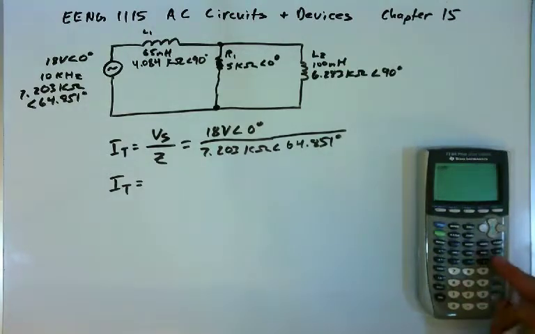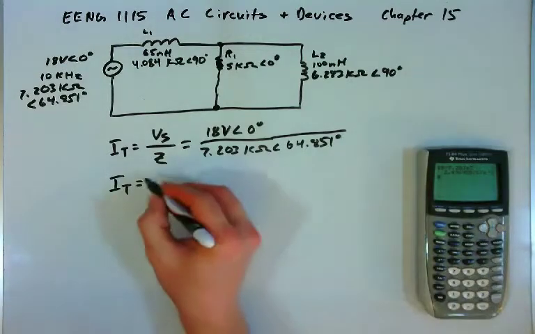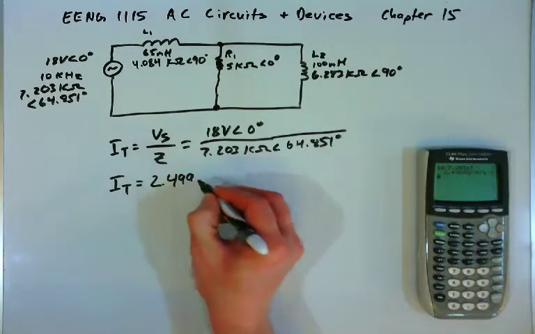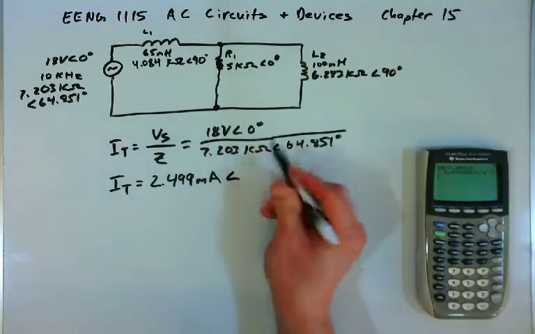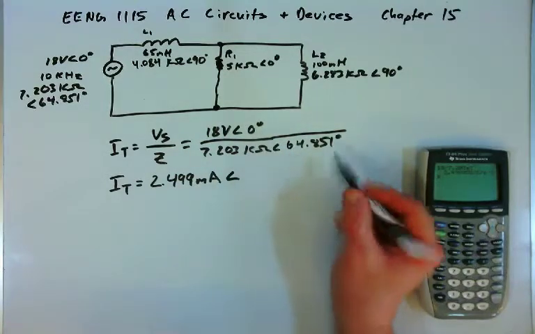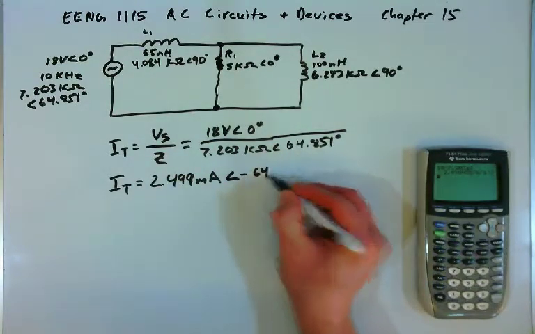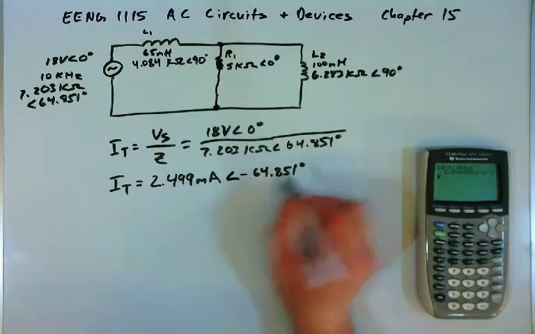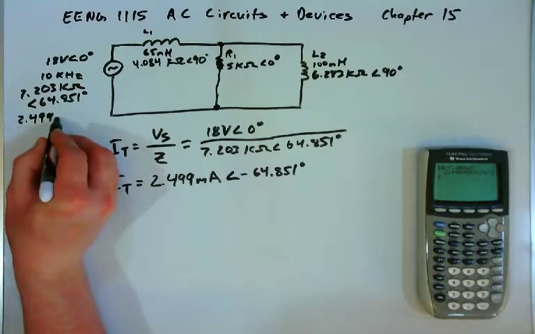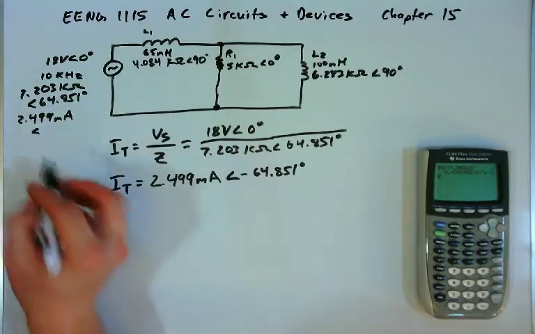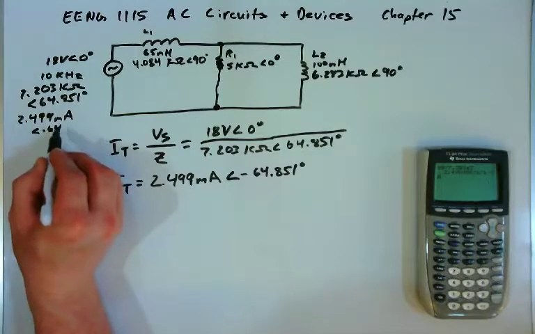We have 18 volts divided by 7.203 kilo, and so we get 2.499 milliamps at an angle, and so we subtract the angles. 0 minus 64.851 is a negative 64.851 degrees. And so the total current for the circuit is 2.499 milliamps at an angle of negative 64.851 degrees.